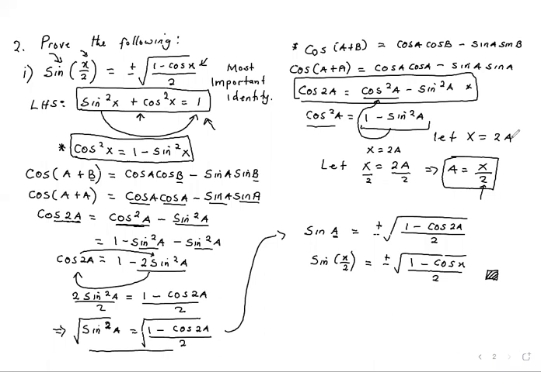Then for a from that one, you get a is equal to x over 2. Sir, what happened to the 2 that was on 2a? It has been replaced by x, since we assumed that x is the same as 2a.